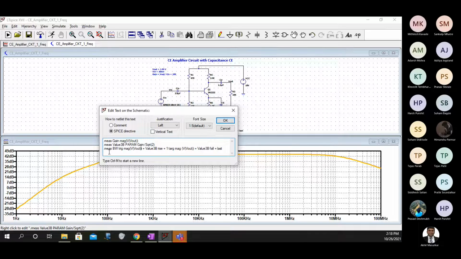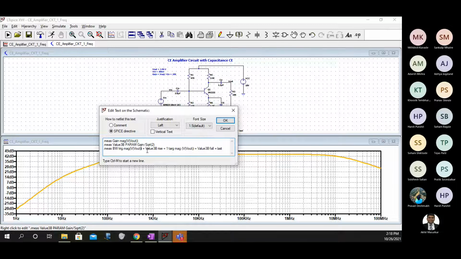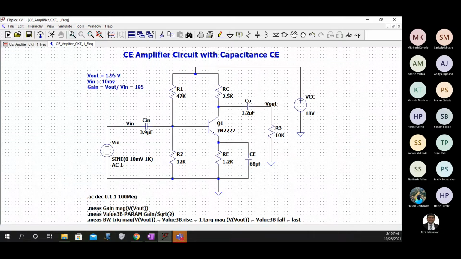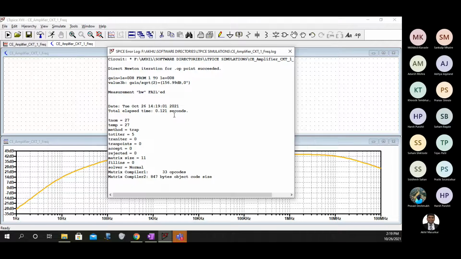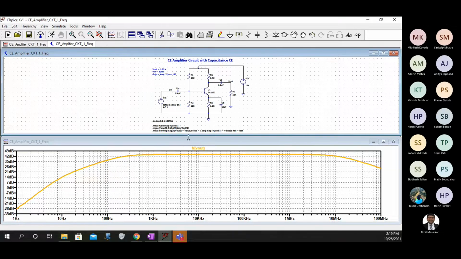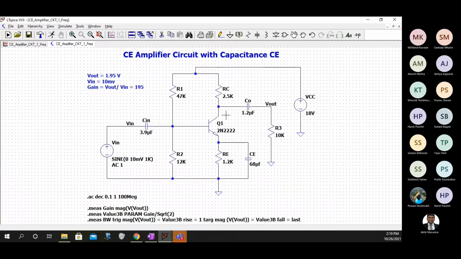Dot measure one. Why is it showing magnitude V of V out equal to value 3 dB equal to 1?